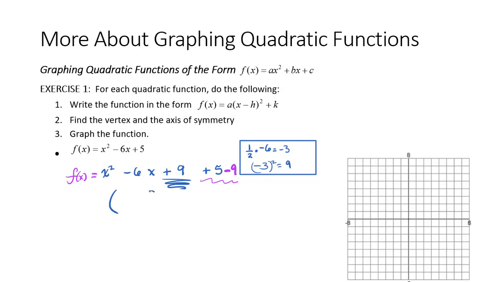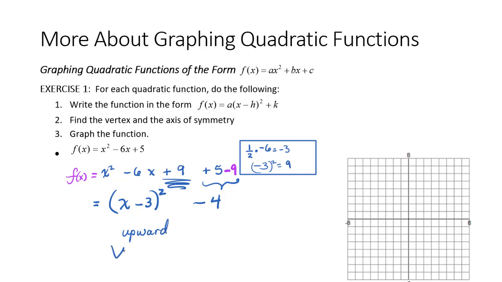It's now going to be x minus 3 quantity squared, and then I'm going to drop down this 5 minus 9 simplified. That'll give me a -4. So I have f of x equals x minus 3 quantity squared minus 4. This function is opening upwards.